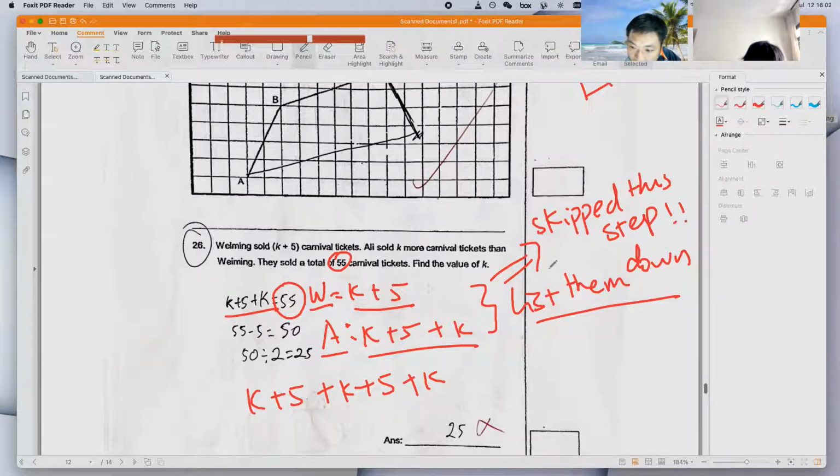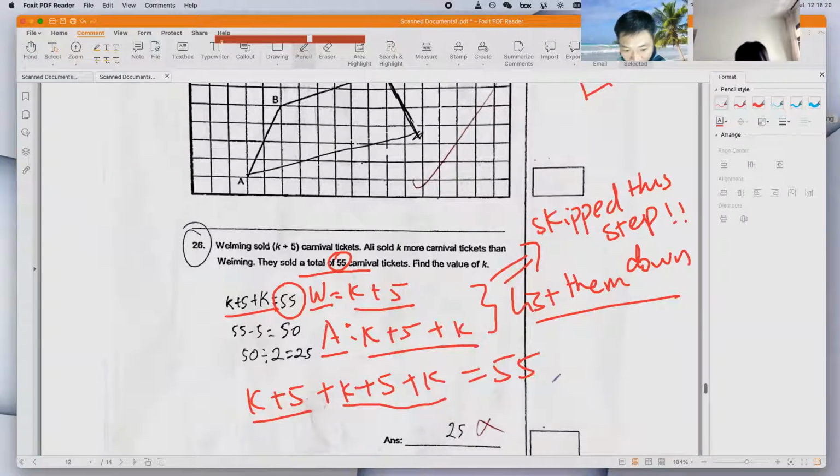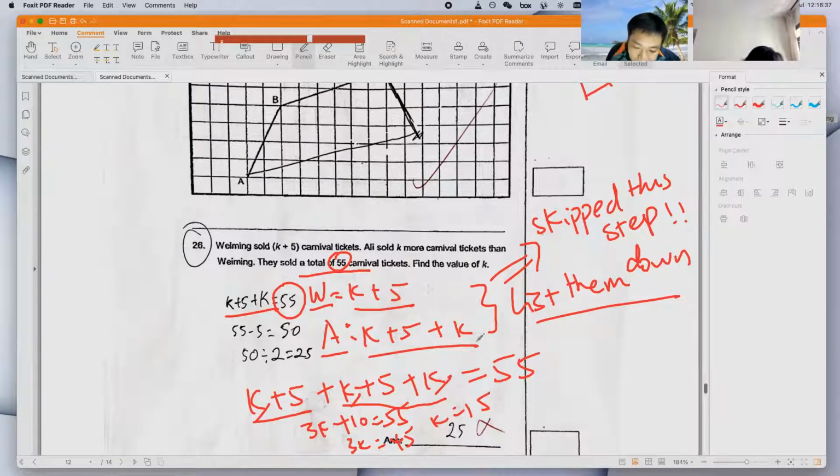If you had not skipped it, you would write down Wei Ming, then Ali, and then 55, because the question says a total of 55. Once you add these two and equate to 55, you can easily get the answer. How many K do you have? 1, 2, 3. So 3K plus 10 is 55. So 3K is 45. So K equals 15.